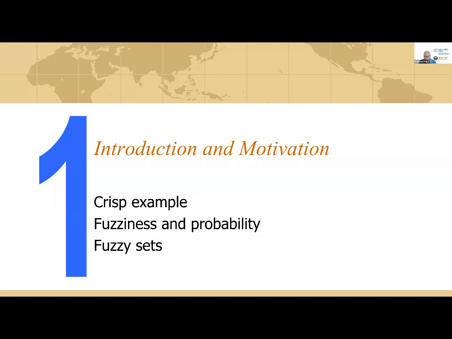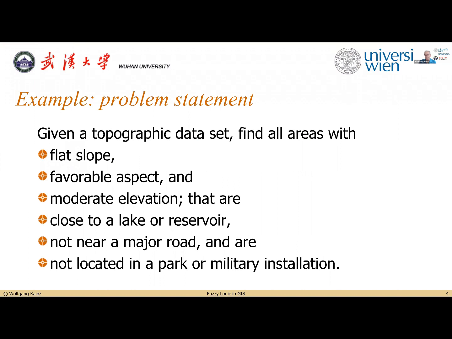What is fuzzy logic, or what are fuzzy sets, what means fuzziness, and how can we use that? But first, let me start with a, let's say, non-fuzzy example. Let's assume you have the following problem.